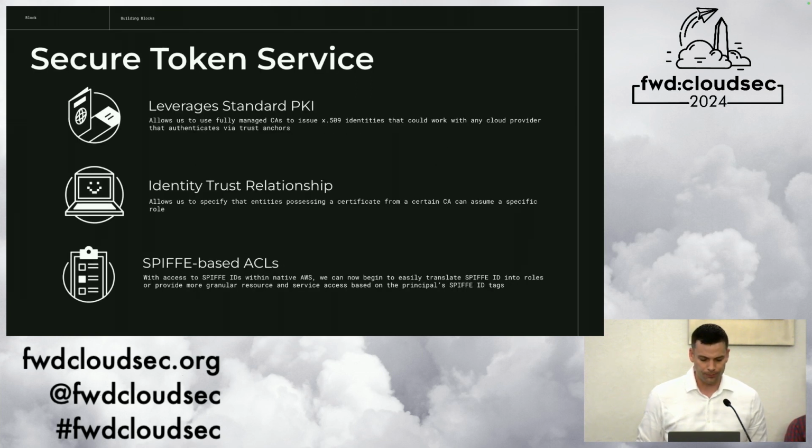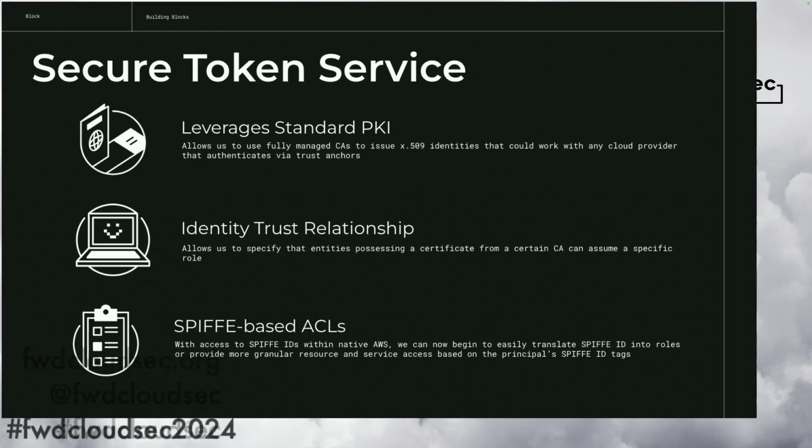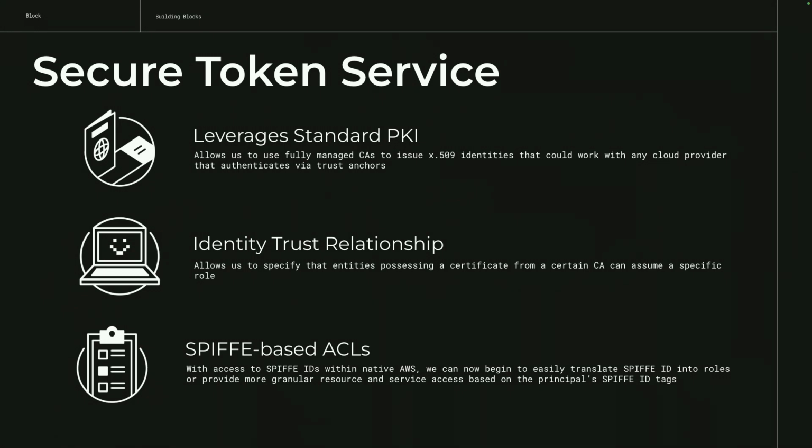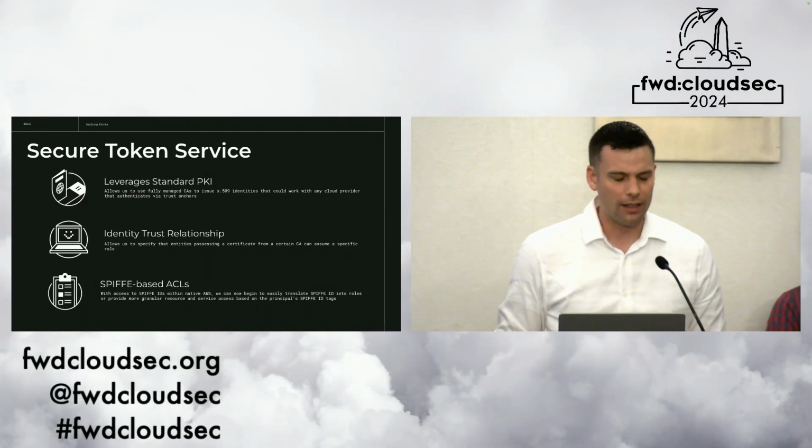And then the last thing you need is a secure token service. I mentioned that we used AWS Roles Anywhere, which is what lets you configure certificates from a certain trust anchor to be allowed to assume a certain role. But what is that? It's just a secure token service, right? It's saying, hey, if you have some external identity that I know about and I'm configured to trust, then I will issue you an internal identity.